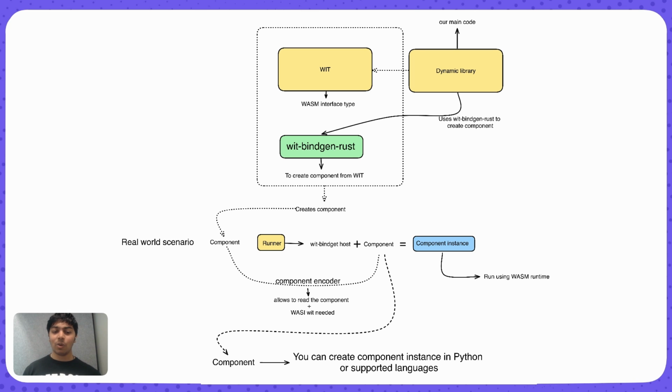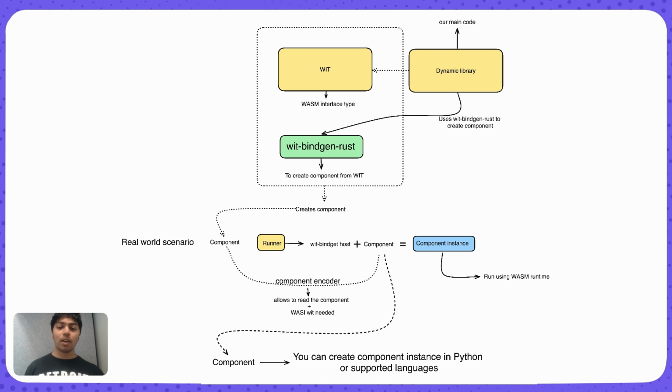Let's say the goal of the runner is just to use some untrusted WebAssembly code from some other language. For the example, we'll just make it consistent and have all of this in Rust. But this could be any language. But more about that later. So we have the runner. What we can do is also create a component instance.